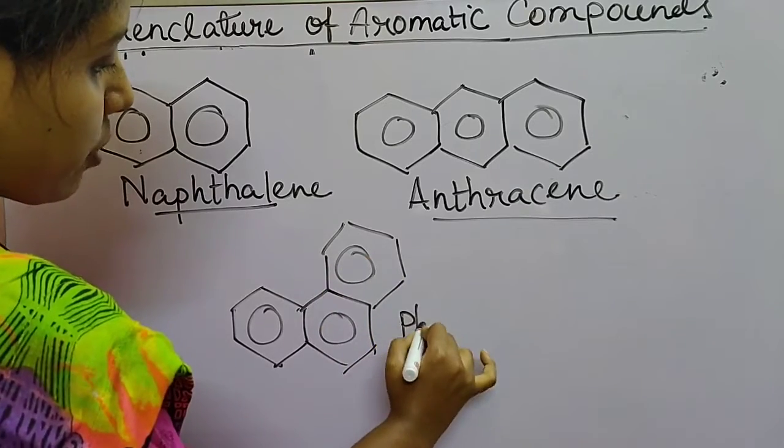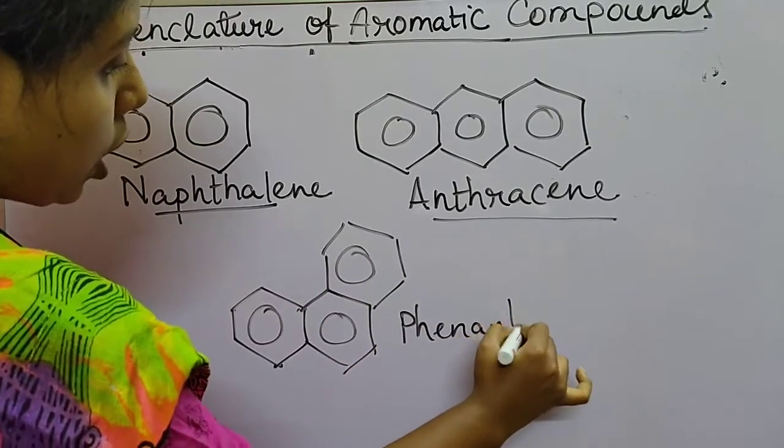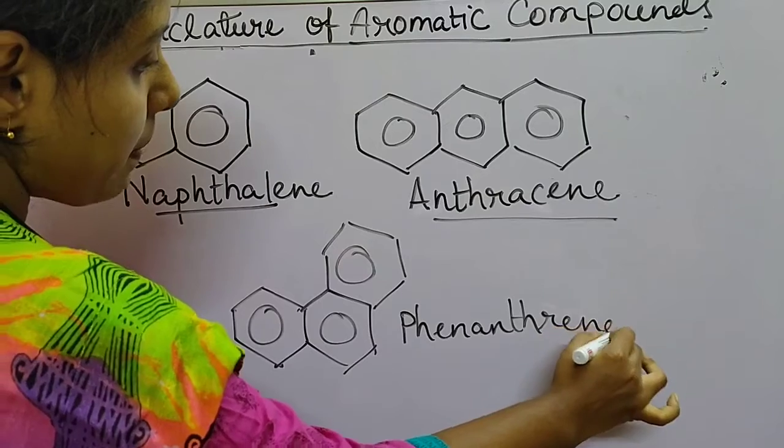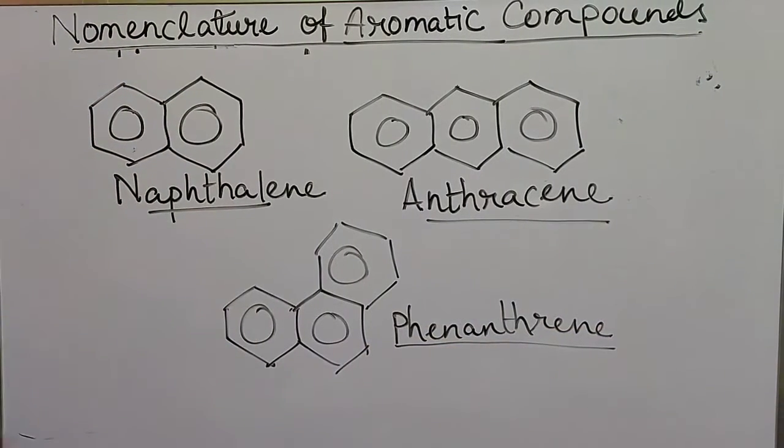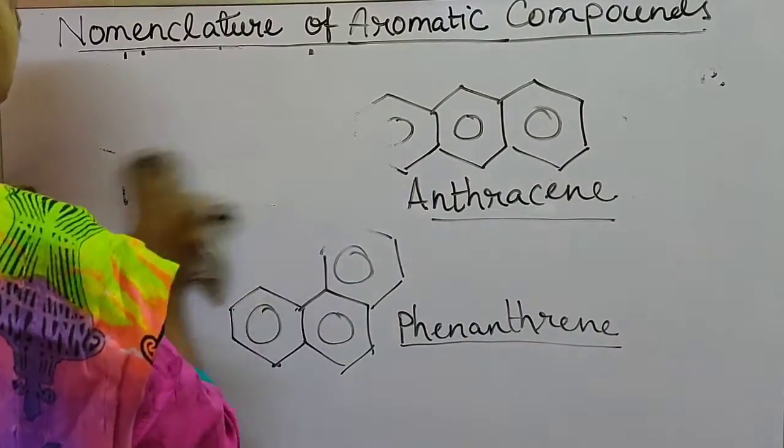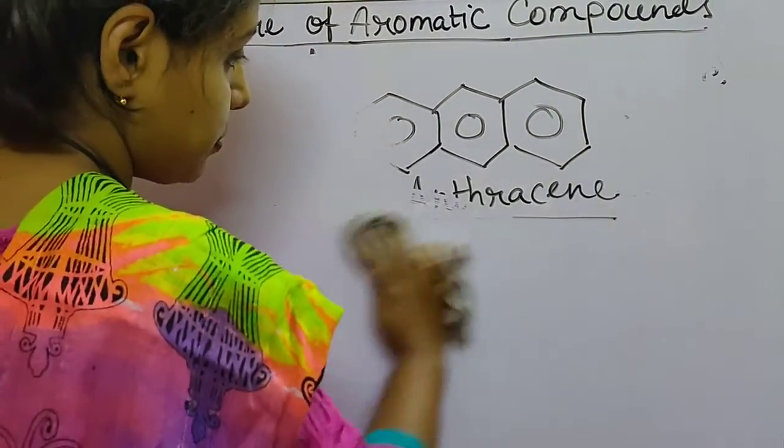The name of this compound is phenanthrene. So all of them are aromatic compounds because they are having benzene ring in it. Whatever the number is, if one or more than one benzene rings are present in any compound, then these are called aromatic compounds.